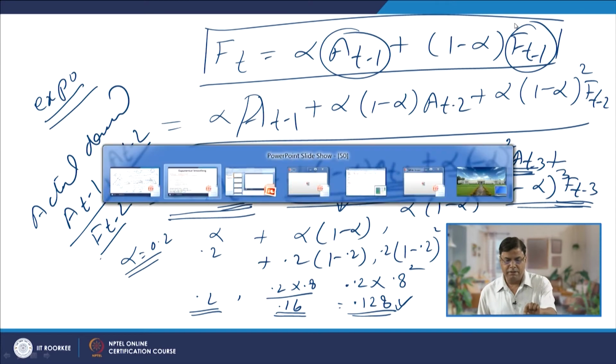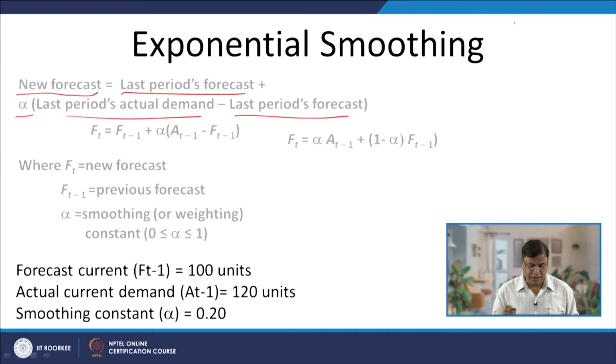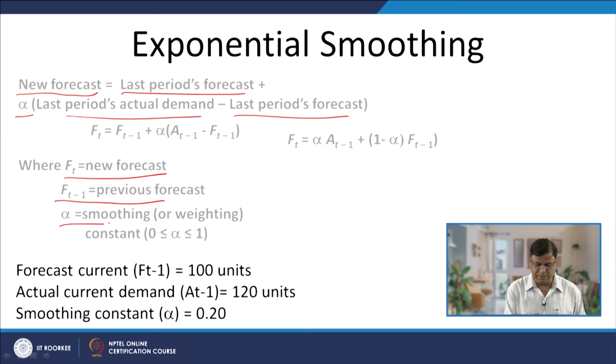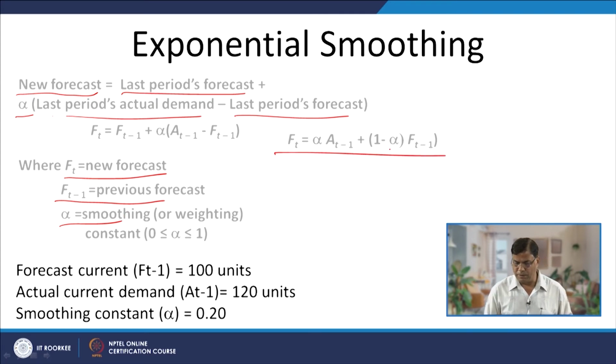Here F_t is the next period's forecast, F_(t-1) is the previous period's forecast, and alpha is the smoothing coefficient. This is the rewritten form: alpha A_(t-1) plus (1 minus alpha) F_(t-1).